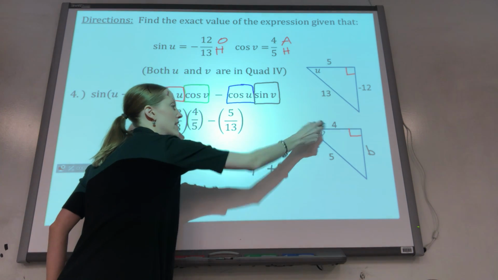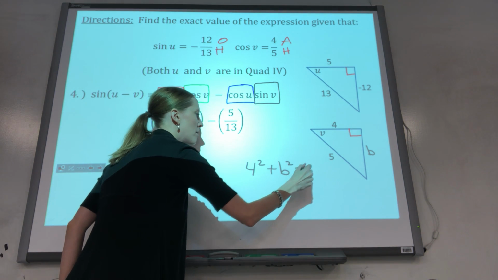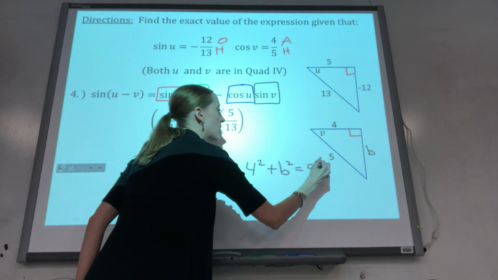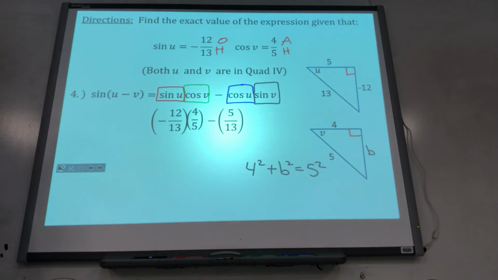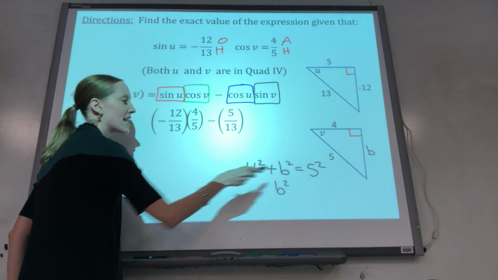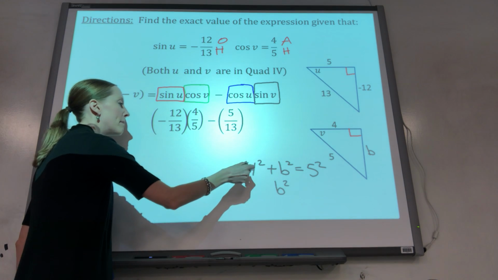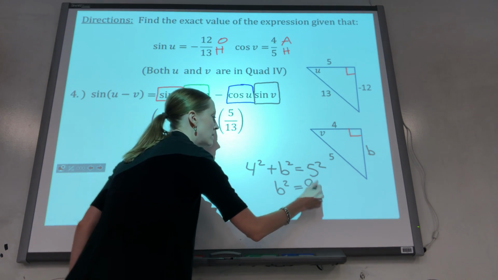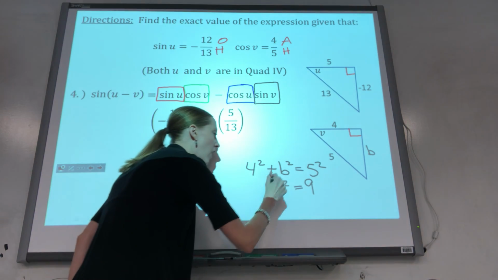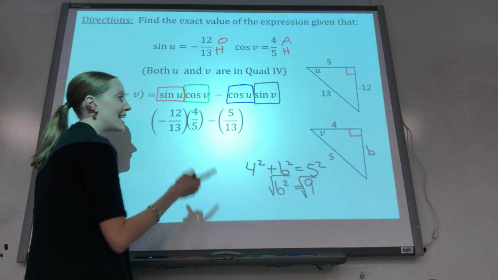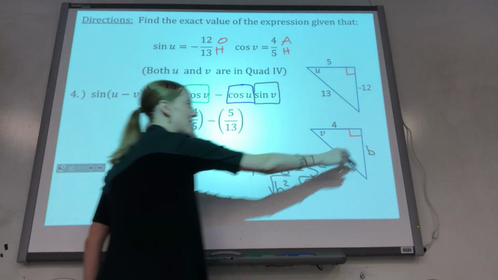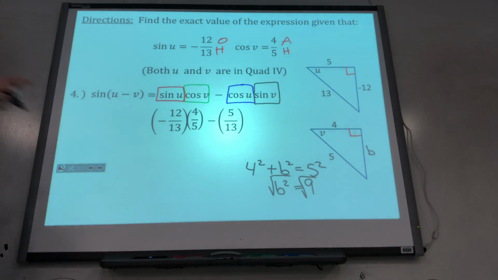This is going to say 4 squared plus B squared equals 5 squared. Now let's think about what happens here. I'll be taking 25 minus 16, which is 9. And be careful, if I'm in quadrant 4, does this side need to be positive or negative? Negative.